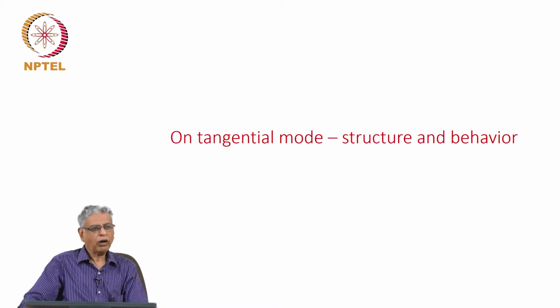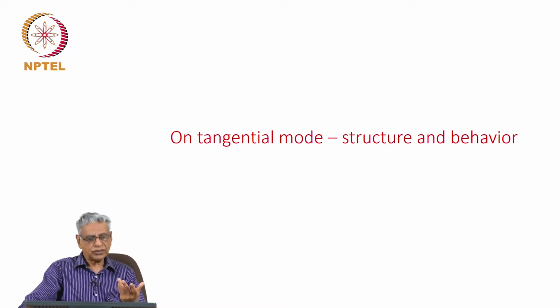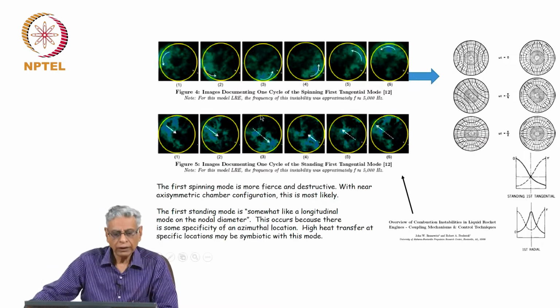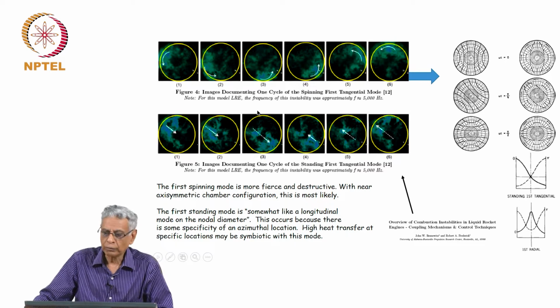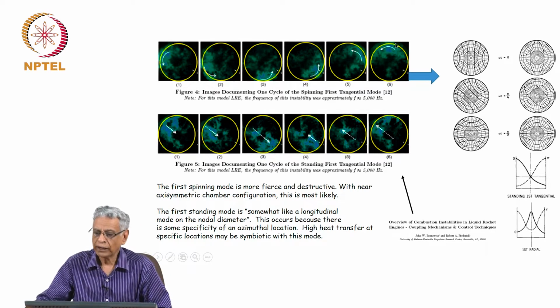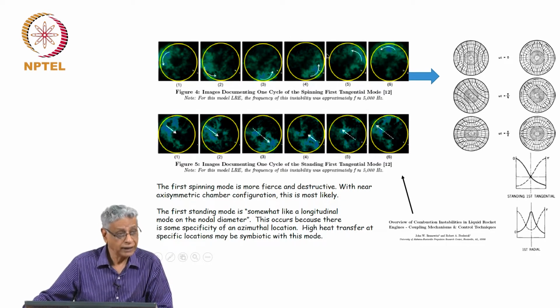Okay, let's look at what the tangential mode and the structure and behavior is. If you look at tangential mode instability, you will find that in actual experiments, you will find a traveling tangential mode, which means the high pressure wave will move around the way shown here.